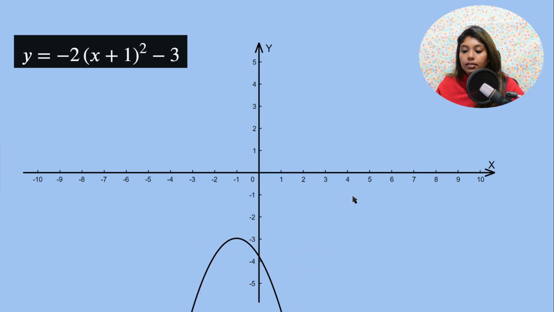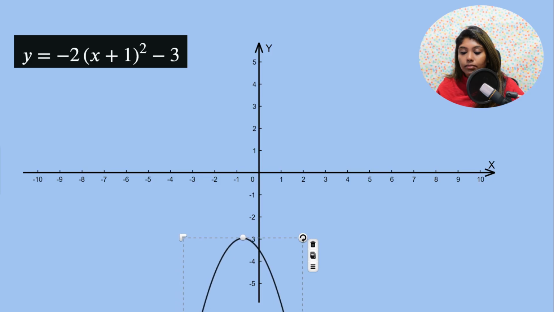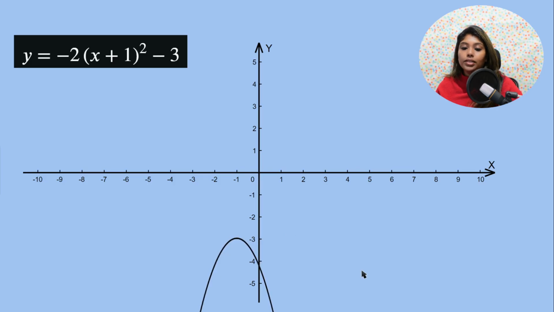All right. The last thing is the dilation factor. It says dilation 2. So 2 is more than 1. That means the graph is going to be narrower. So this is how the graph will look compared to y equals x squared. This is how you do the graphing using transformations.